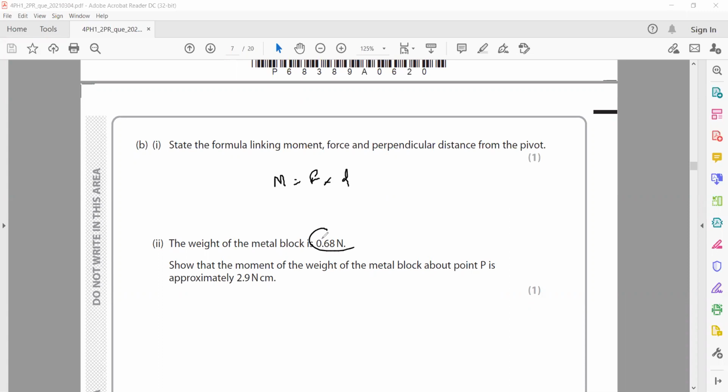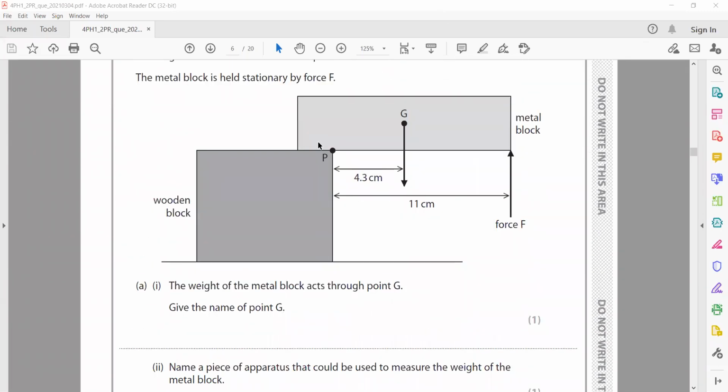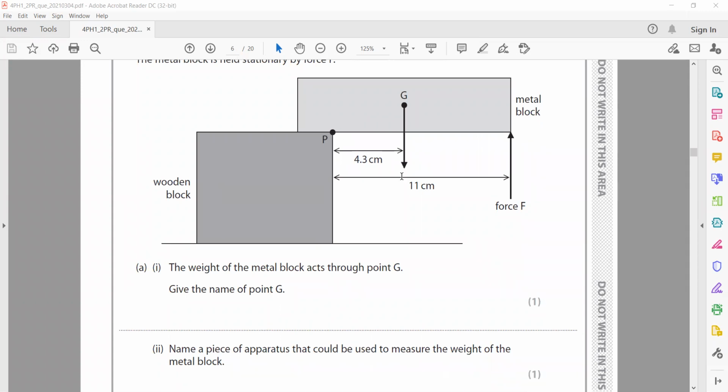The weight of the metal block is 0.68. Show that the moment of the weight of the metal block about point P is approximately 2.9 newton centimeter. We take the distance from the pivot. P is the point of pivot, and G is the weight, which is 0.68.